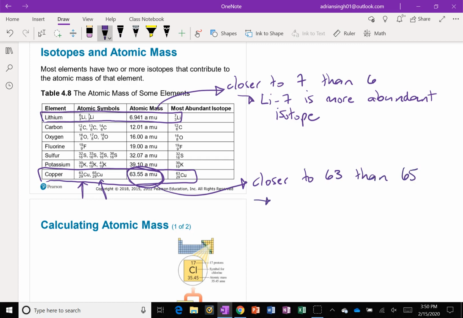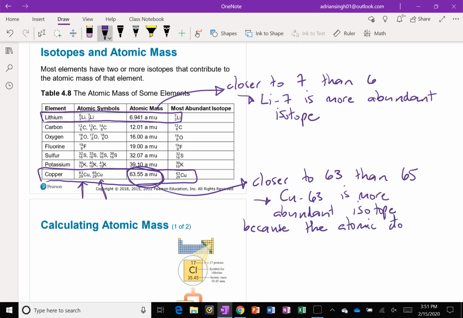And we can use that to deduce that copper-63 is the more abundant isotope, because the atomic mass is closer to 63 than it is to 65.